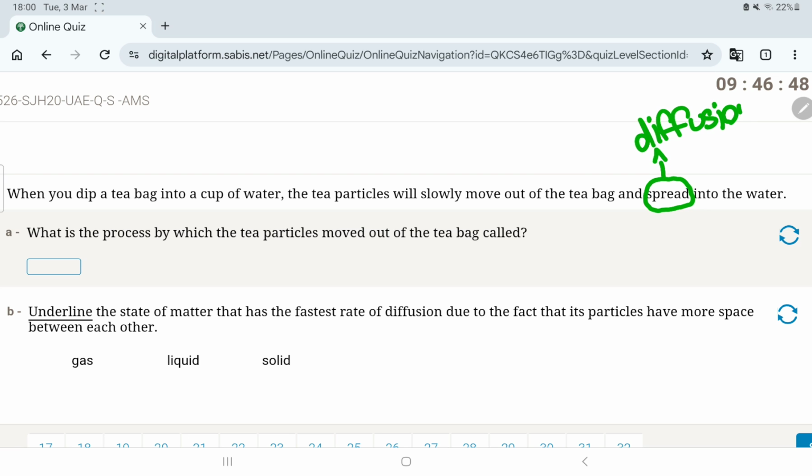Normally, the first thing that pops into my head when I say diffusion would probably be perfume in a classroom, right? Let's say here this is the doorway of the classroom, and this zone right here is the back of the classroom.